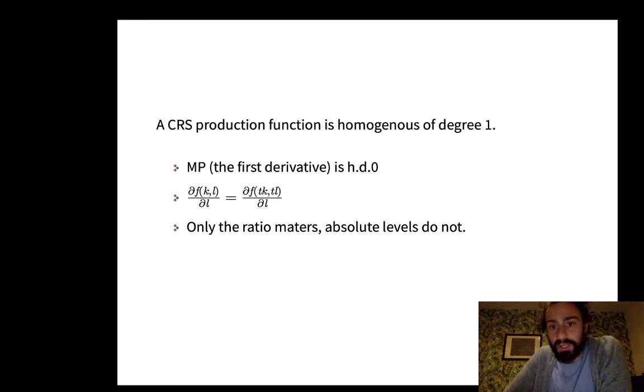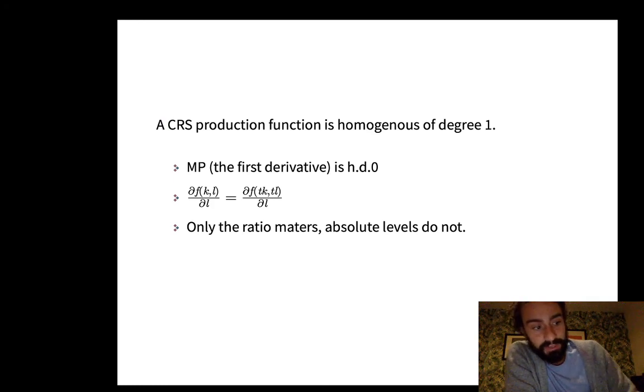If a function is homogeneous of degree k, then its first derivative is homogeneous of degree k minus 1. So that means the marginal productivity here of K and L is homogeneous of degree 0, which means if a production function is constant returns to scale, then the marginal productivity is constant, which makes sense, right?